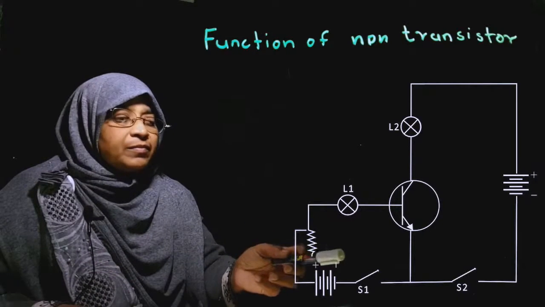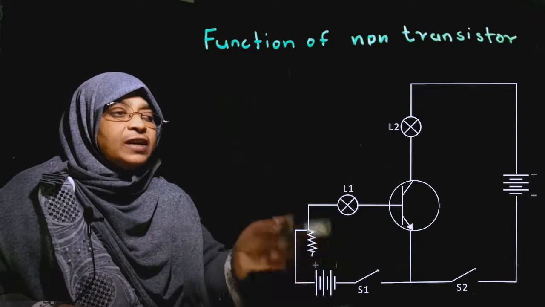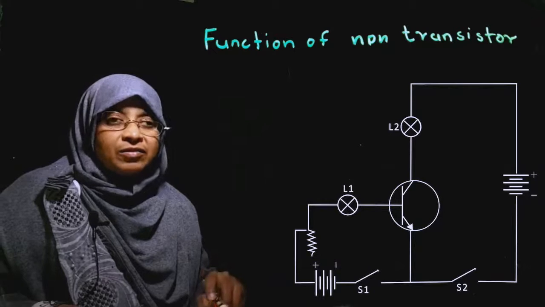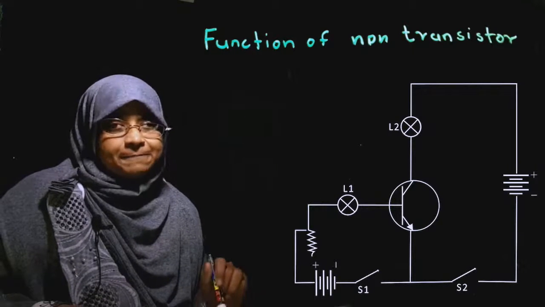So, giving the high resistance, the voltage is controlled to a small voltage.